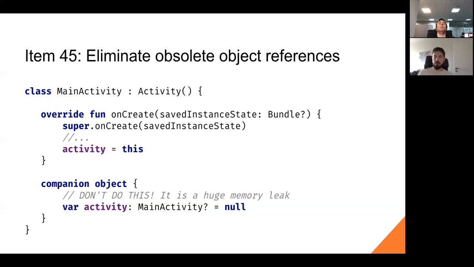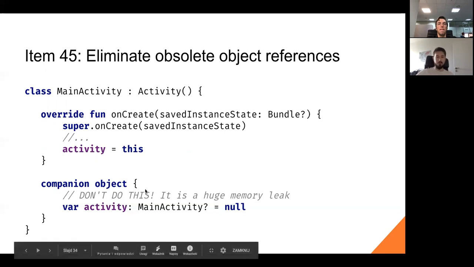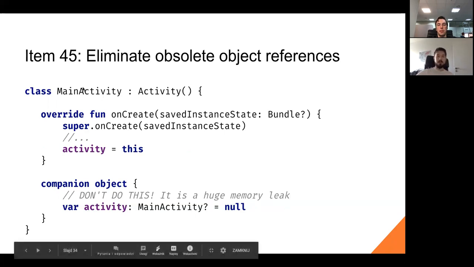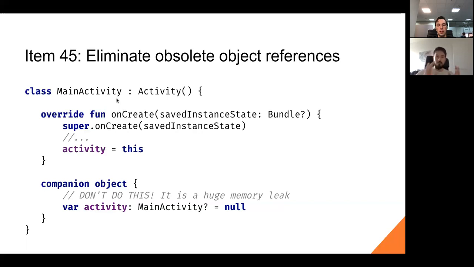In Android, it is not uncommon, especially in older projects, to find the following pattern, which is right now known to be a terrible data leak. Activities in Android are kind of like a window, and they hold a lot of data, so they are relatively heavy.